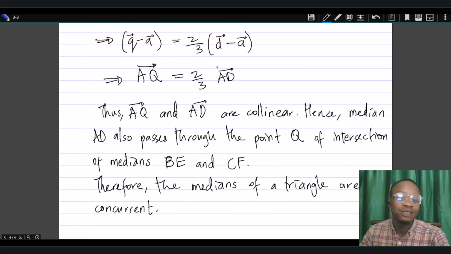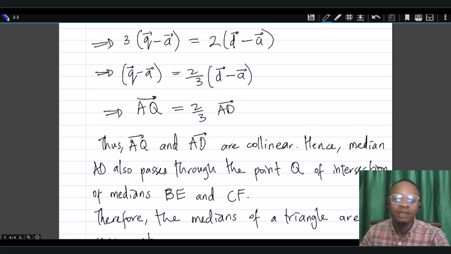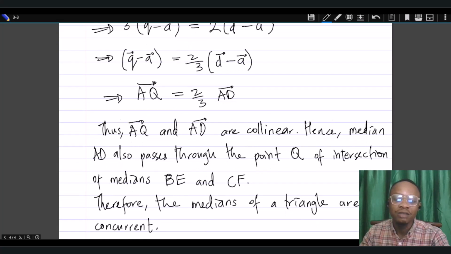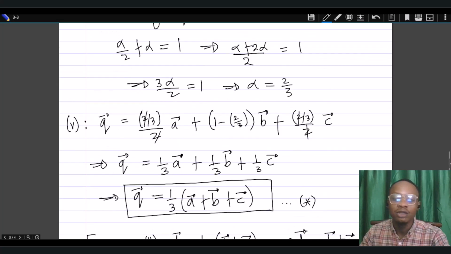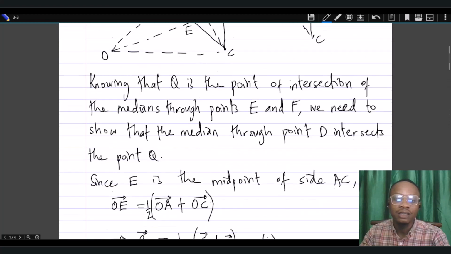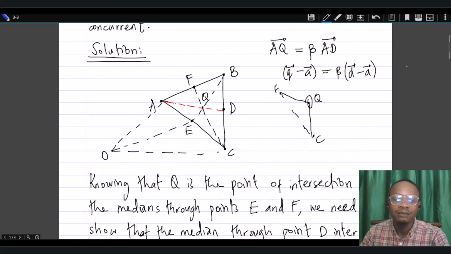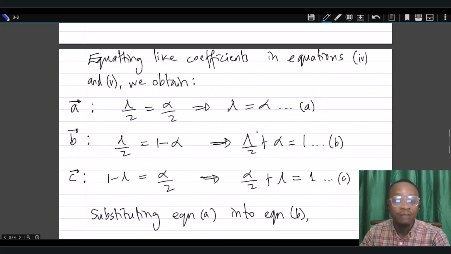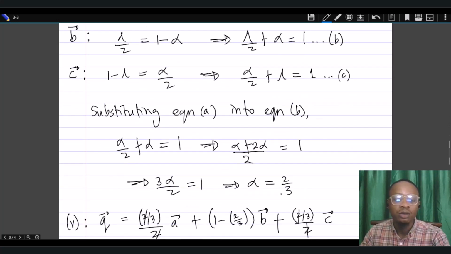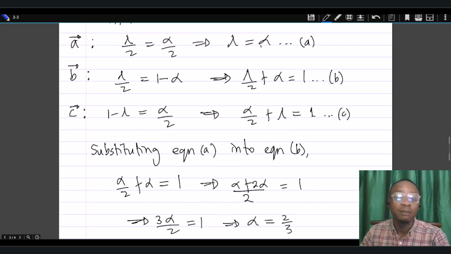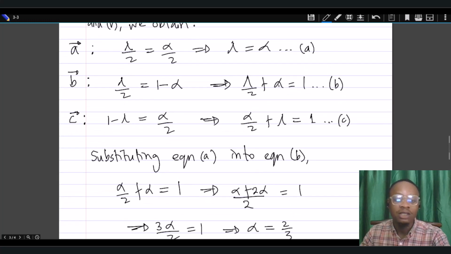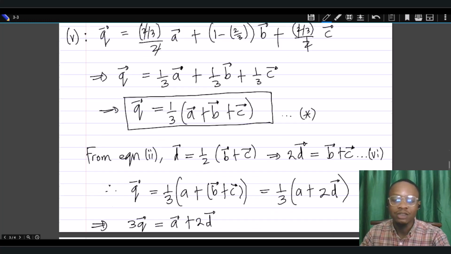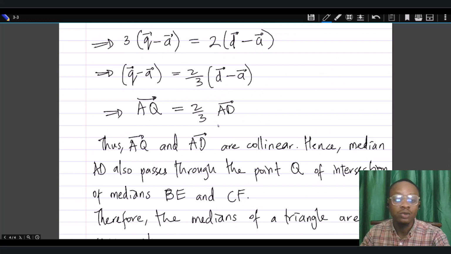We have seen that AQ is 2 over 3 AD, and if we did something similar for the others, we'll also see that. So looking at this now, we can see here that we found our alpha the other time to be equal to 2 over 3, which means lambda is also equal to 2 over 3 because they are equal. So we have also seen that this relation for this third one is also 2 over 3.